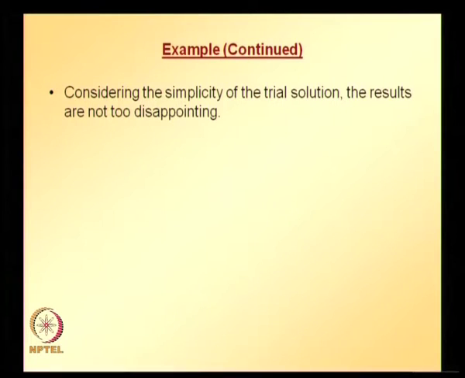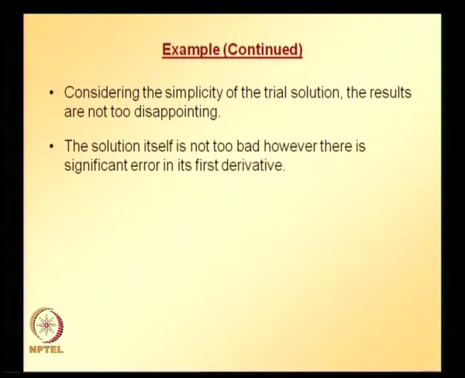Now let us look at some points related to this technique and this problem. Considering the simplicity of the trial solution, results are not too disappointing, meaning whatever results you have seen, the approximate solution itself is good, but the derivative of approximate solution has some error.